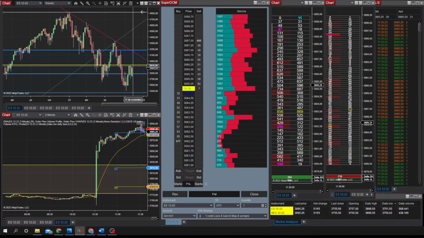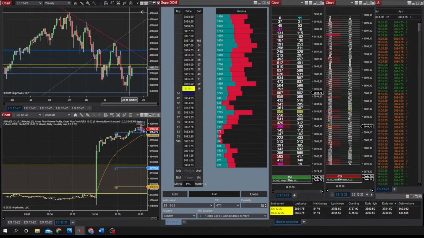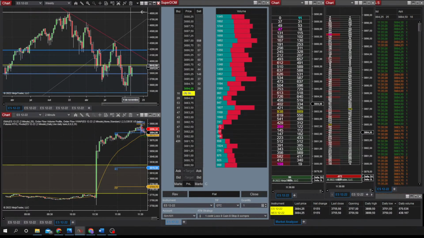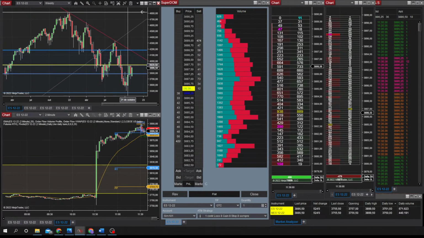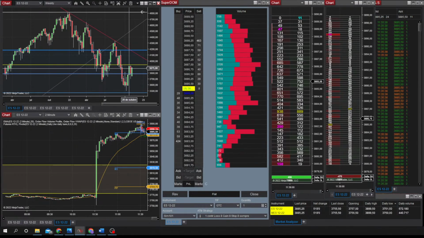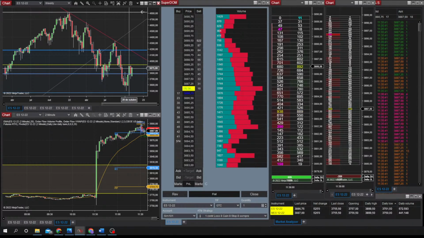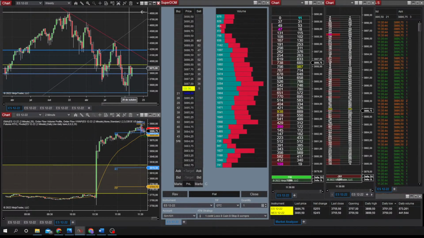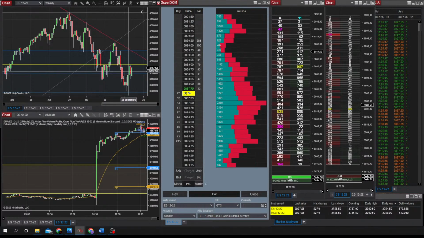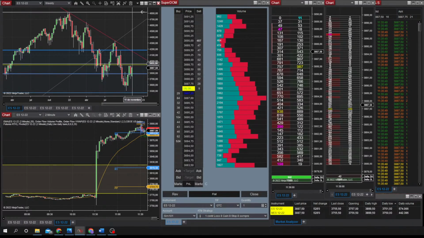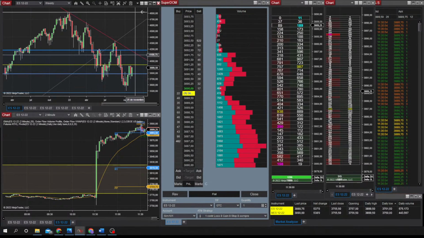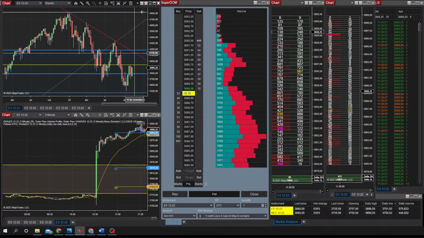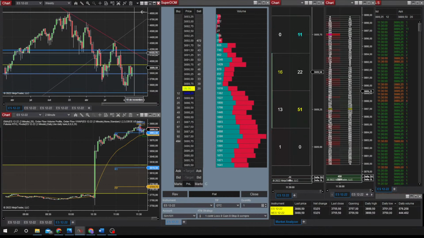Currently the 3930 became again an important region, as it was previously. 3930 was not even touched this time. So this session would be important to show if it will be strong enough to overcome this and head upwards, maybe trying to reach that 4150 over there.